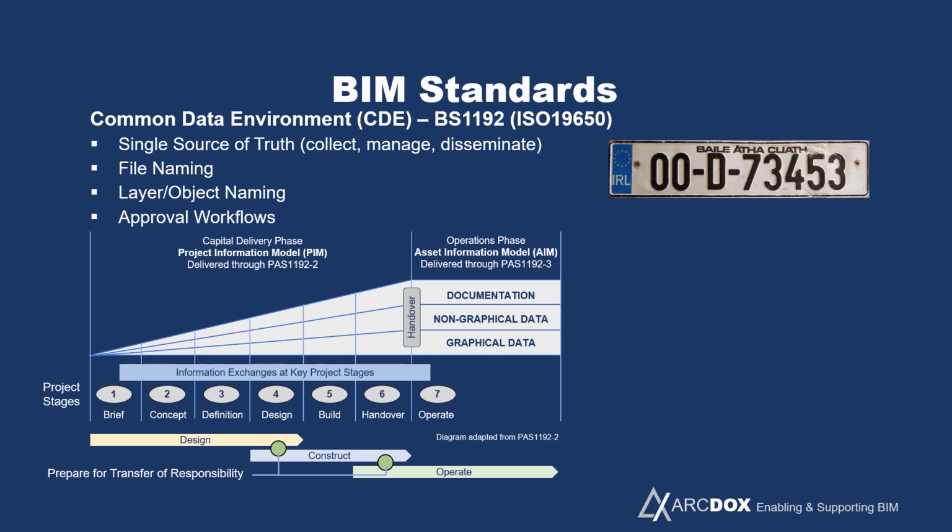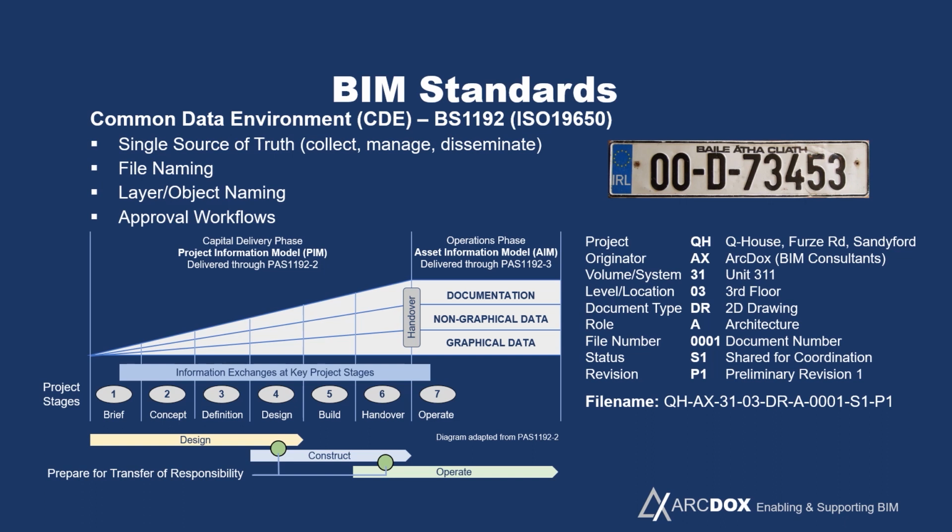In the same way, every file that goes into the common data environment has a unique set of codes that describe what's in the file or the container, so that people can understand what's there without having to open the file, and also computers can manage those files based on those codes.